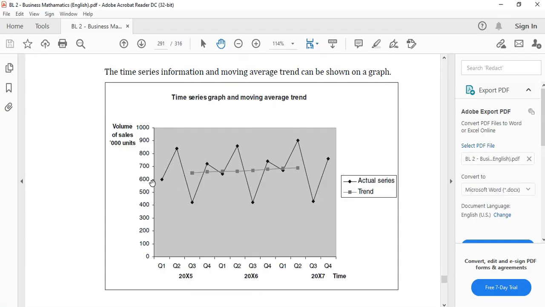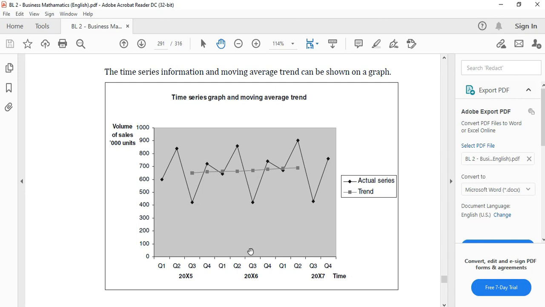Whereas actually we definitely can see the seasonal effects with the higher variations here. Probably in quarter 3 there must be a financial crisis or bad weather condition that may have brought the sales down. And see, quarter 3 in 2005 has low sales.